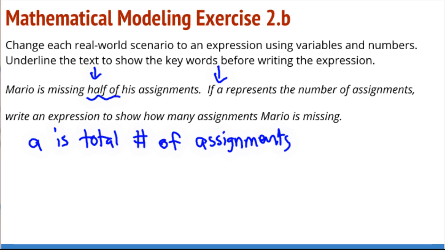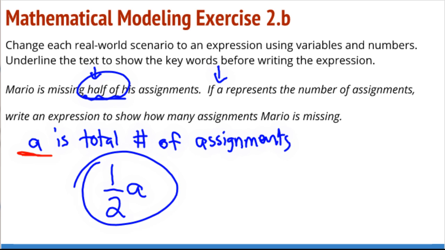And I'm going to write an expression to show how many assignments Mario is missing. Well, I know that half of the assignments, and A is going to be the assignment, so I want half of A. A is the total number of assignments. Half are missing, so I want half of the number of assignments.